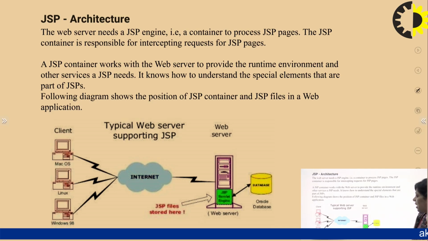This diagram shows the position of the JSP container and the JSP files in a web application. So we have a client and a server, in which we have a web server that is supporting JSP via the internet, and all the web server pages are directly linked to the database.